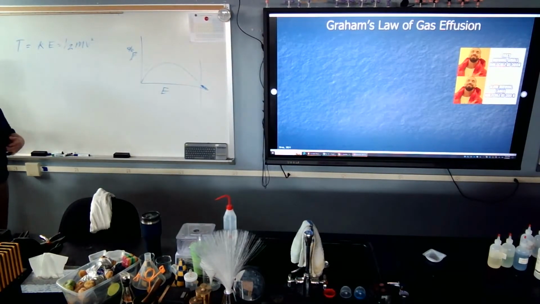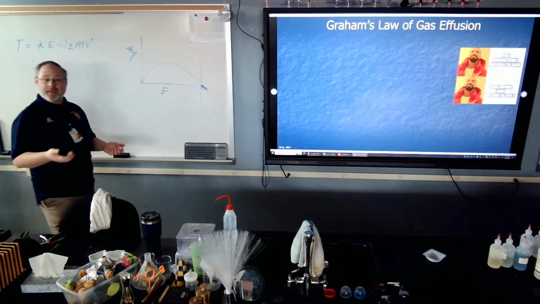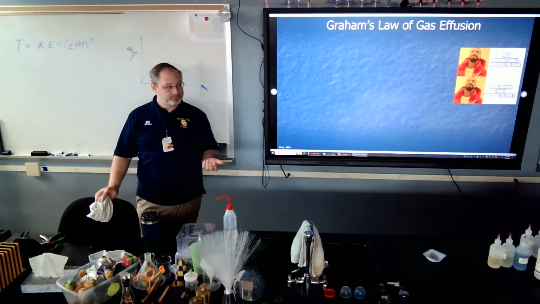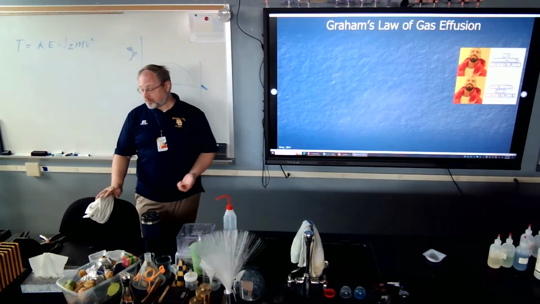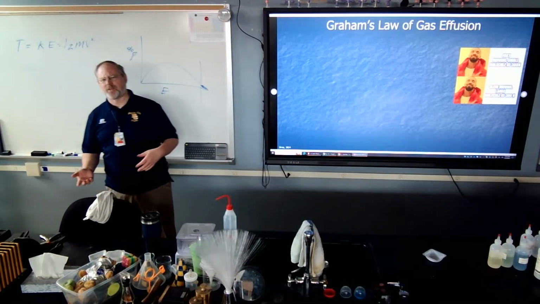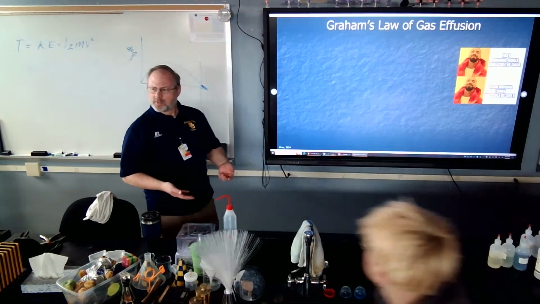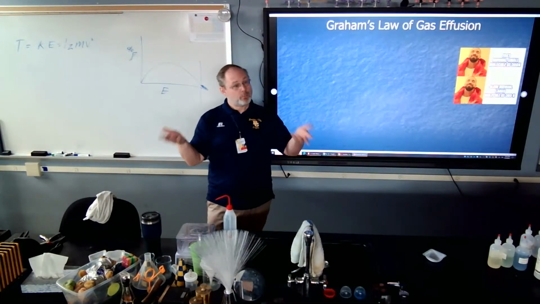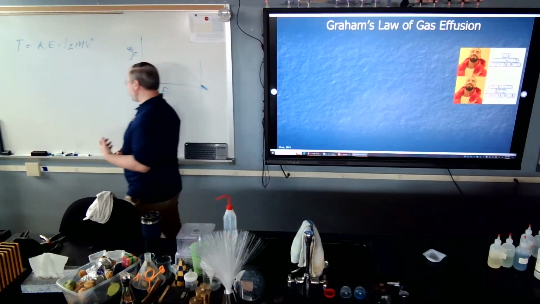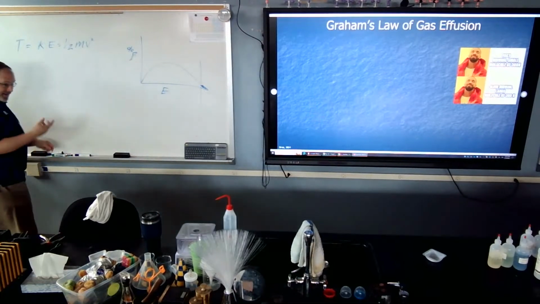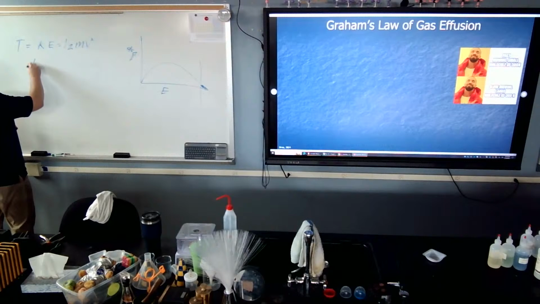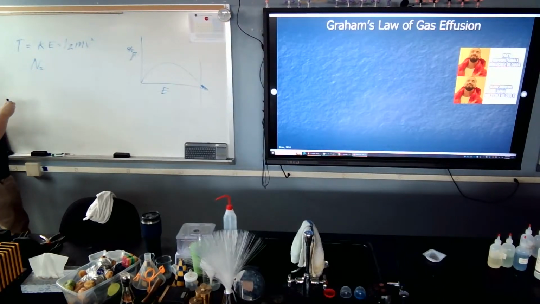Any sample of matter at the same temperature has the same 1/2 mv squared. The analogy I asked you was, can a car have the same killing power as a truck? And you responded, sure, as long as the car is moving fast enough. Well, you can have 2 samples of gas, and classically we use nitrogen and oxygen, because they're in the air.